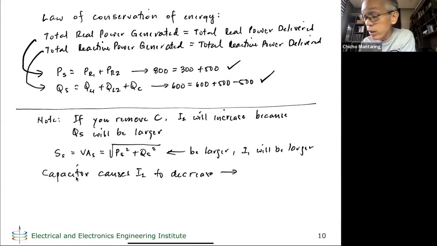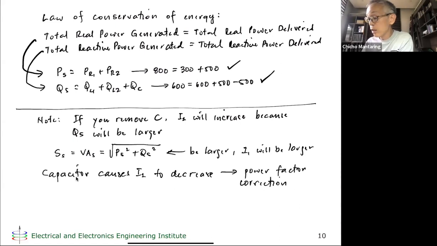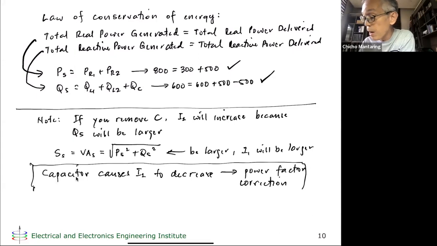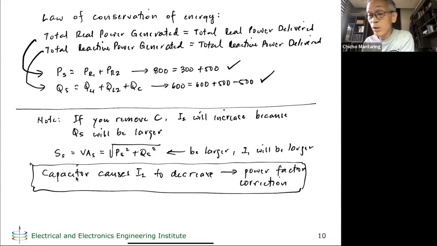And we have a term for this. This is what you call power factor correction.